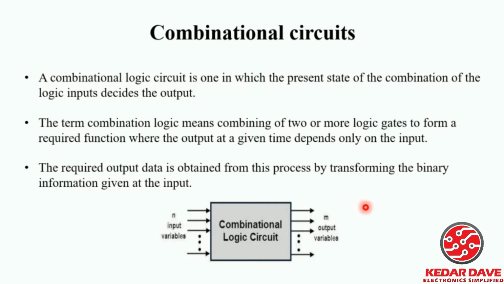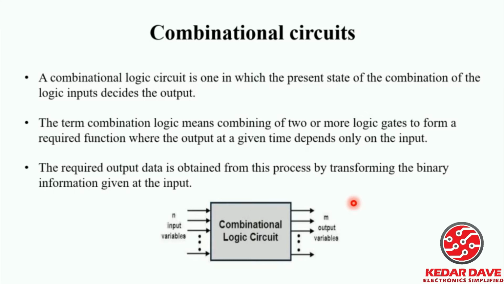The term combinational logic means combining two or more logic gates to form a required function where the output at a given time depends on the input. And the required output data is obtained from this process by transforming the binary information given at the input.